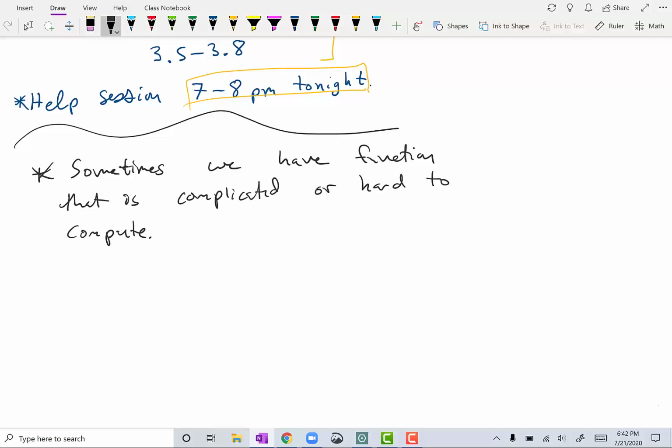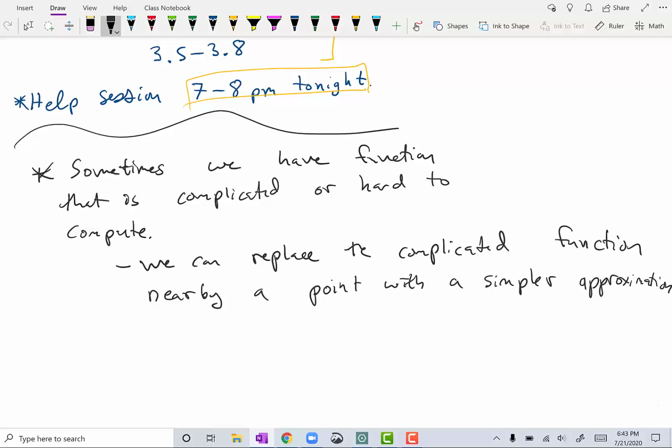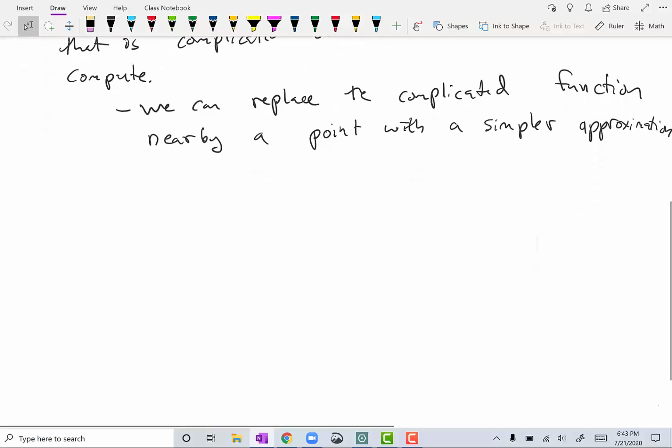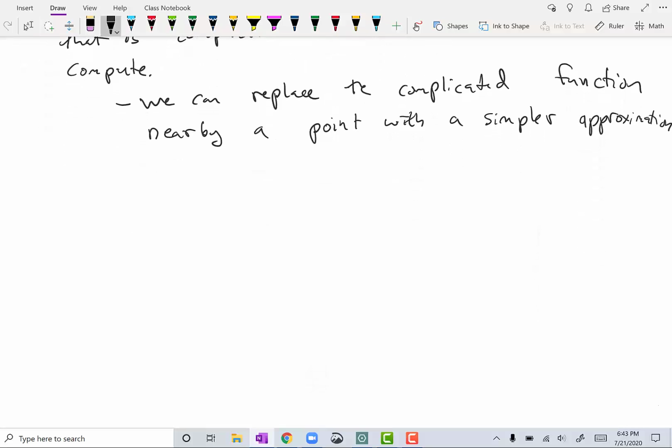And so the idea is we would like to replace that with a simpler function that is still fairly accurate. So we can replace the complicated function nearby a point with a simpler approximation. And it turns out that there are many ways of doing this, and there's sort of a hierarchy of them.